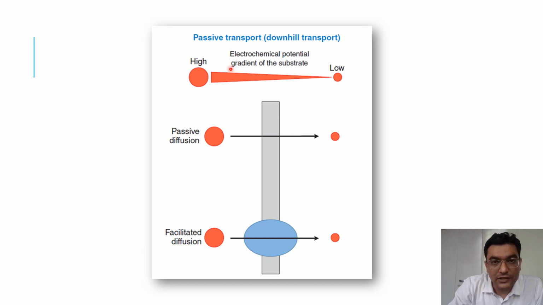So passive transport, or diffusion, is from the high to low concentration gradient. Passive or simple diffusion is this movement from higher to lower concentration, and facilitated diffusion is also from higher concentration to lower concentration, but with the help of carrier proteins.